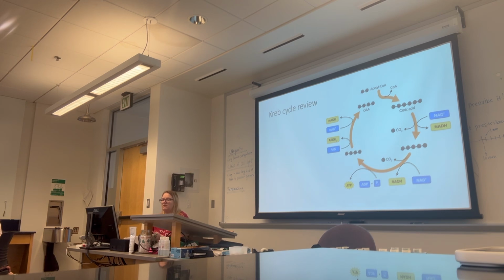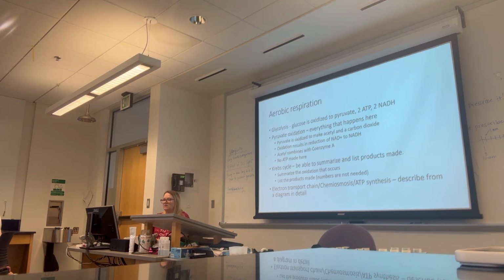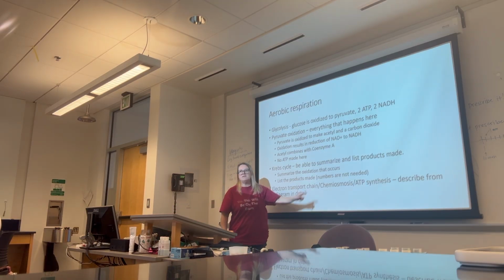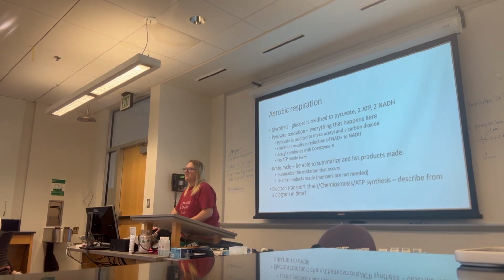That's pretty straightforward. So you don't have to know all the numbers of different ATP and NADH and FADH2, just the products and how that was made. Okay, just a little summary.